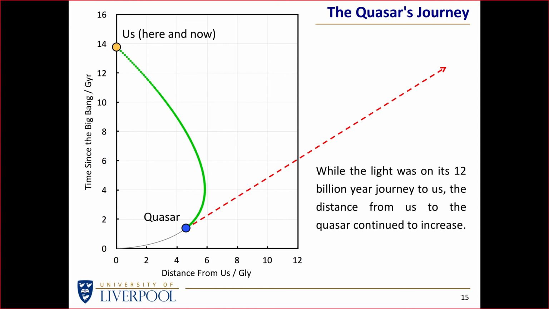That should be varying slightly, so actually that red line should be a little bit of a curve, but I haven't shown it accurately. I've just given you an indication that the quasar continues to get further and further away from us, but the light originally starts to get dragged backwards and then eventually makes it to us here and now.